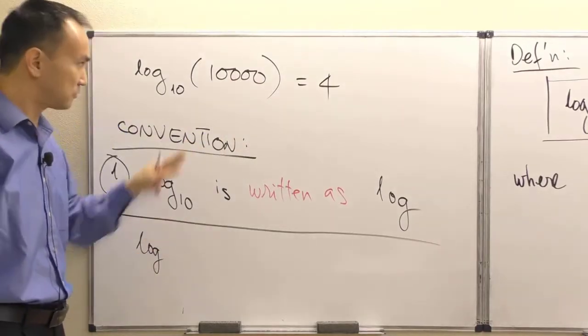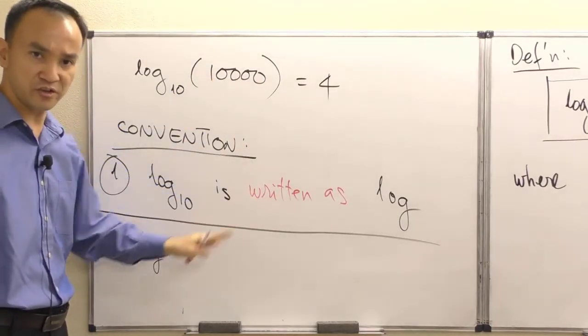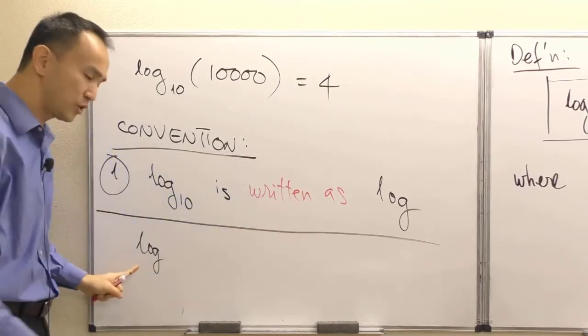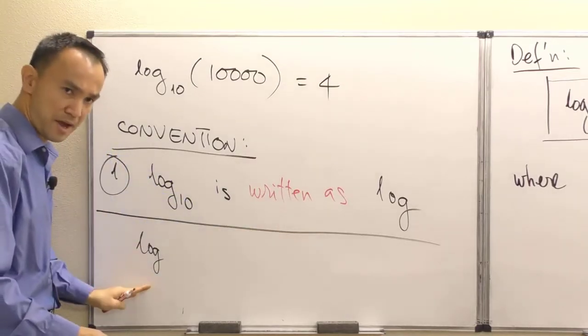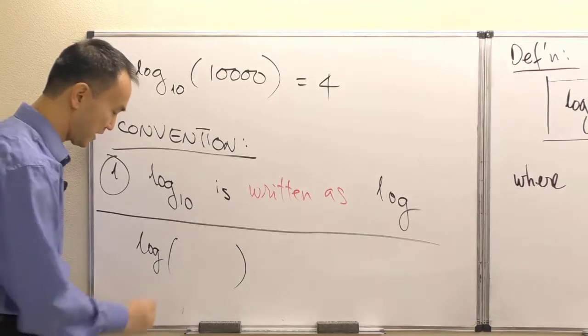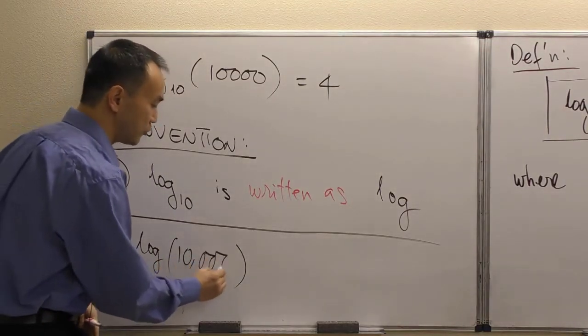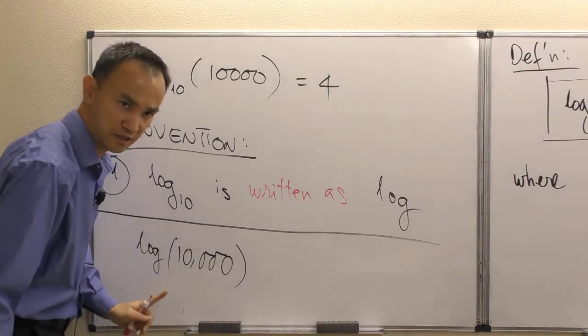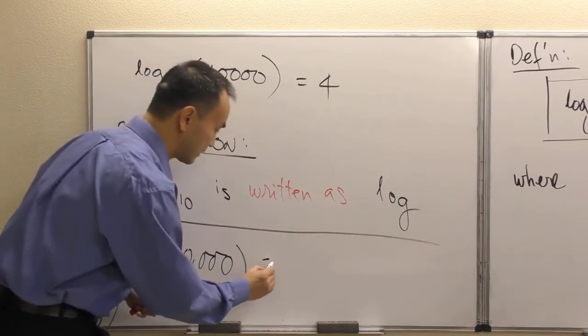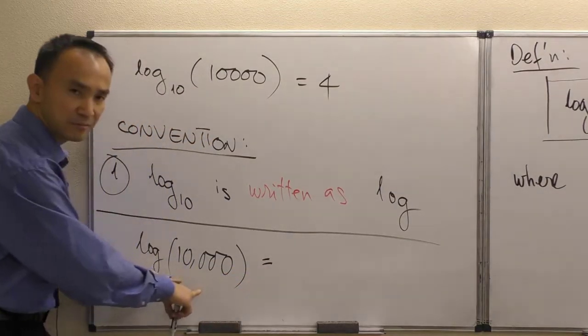But now that we've understood this convention, everybody else in the world writes it this way: log, no base, no subscript. Log of 10,000, and you must automatically understand this as log base 10 of 10,000.